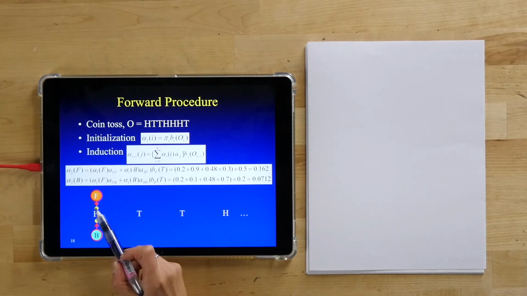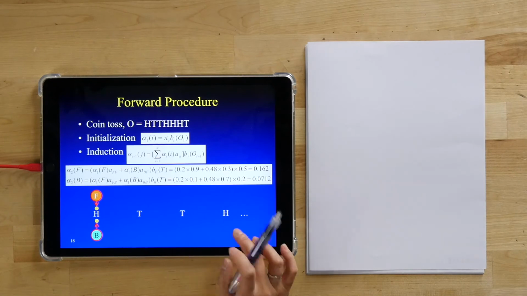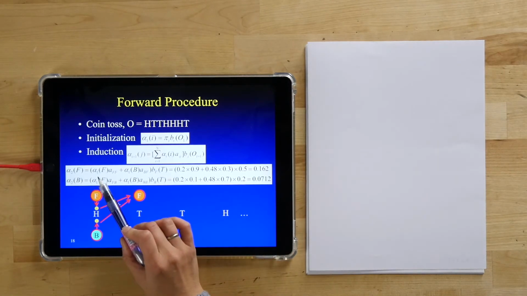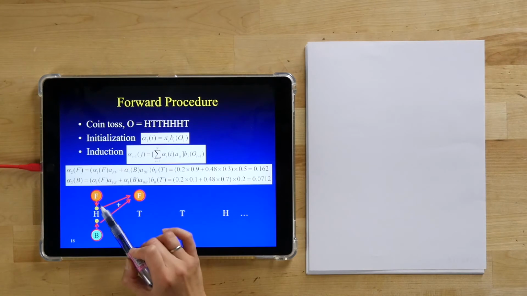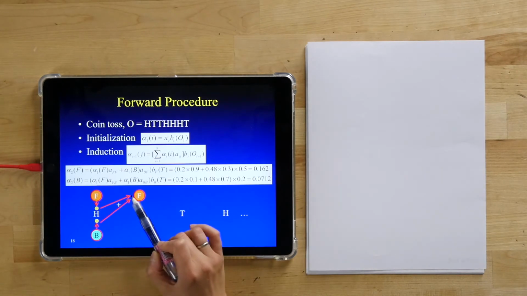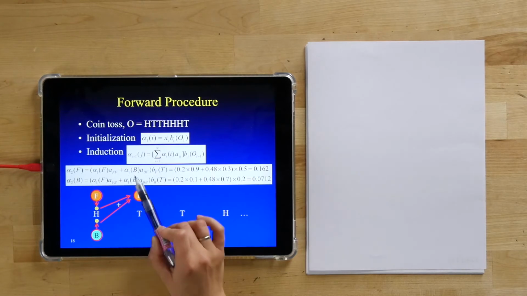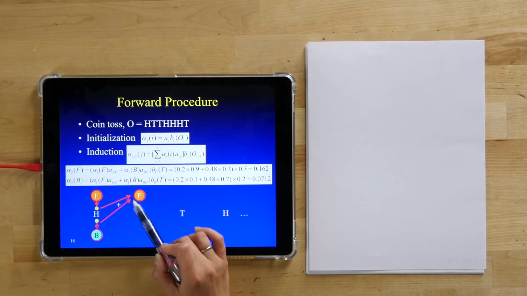So previously we have the alpha 1 fair and alpha 1 bias, and now we are trying to calculate. You can see here from the previous fair coin, I'm now transitioning from fair to fair, plus if I use a bias coin before, I'm transitioning from a bias to a fair.